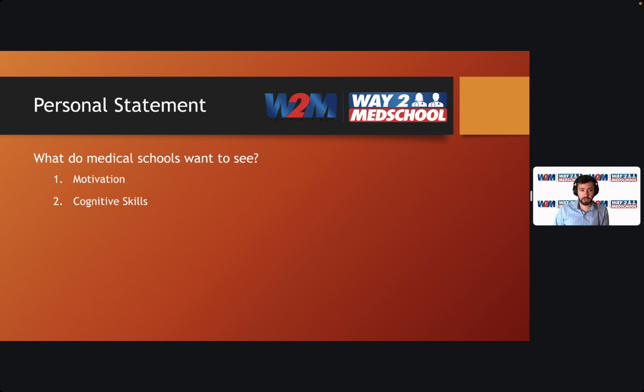Next is cognitive skills. So this is mainly encompassed in admissions tests, like we already spoke about with the UCAT, but also A-levels, GCSEs, things like that. And the final domain that we're looking for is personal attributes and skills.